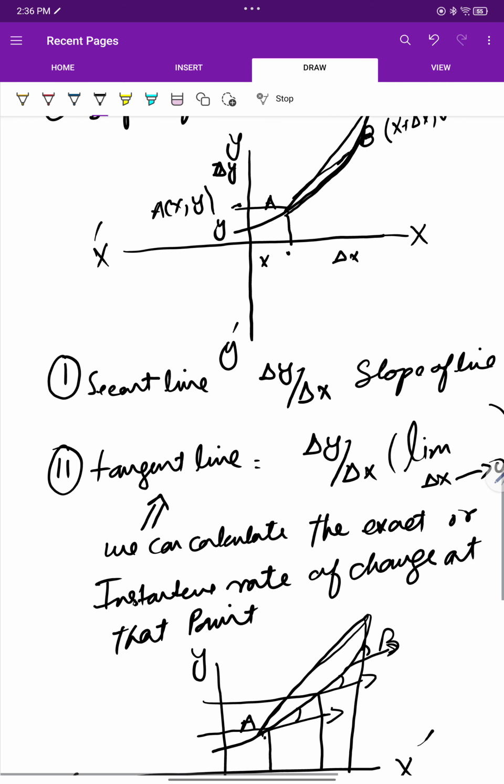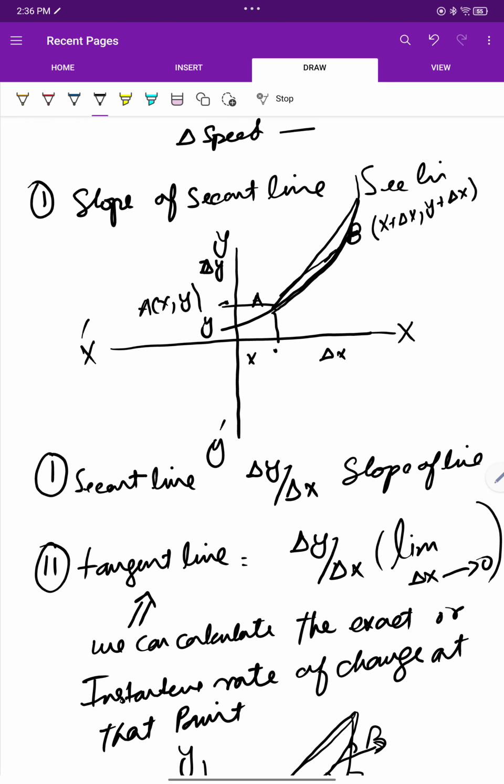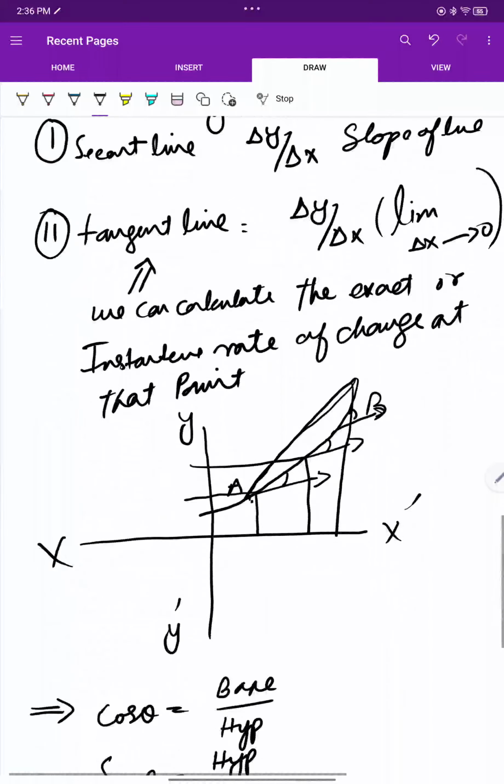So in this example, if you take this as the base, and this one as the hypotenuse, then base divided by hypotenuse, so we calculate this ratio of the curve. So it's inside, tangent is outside.